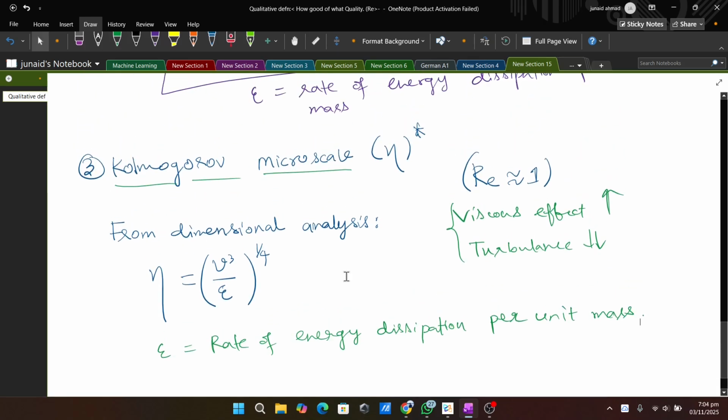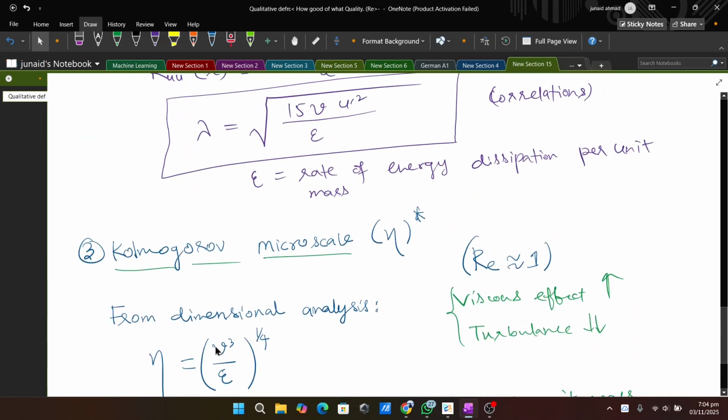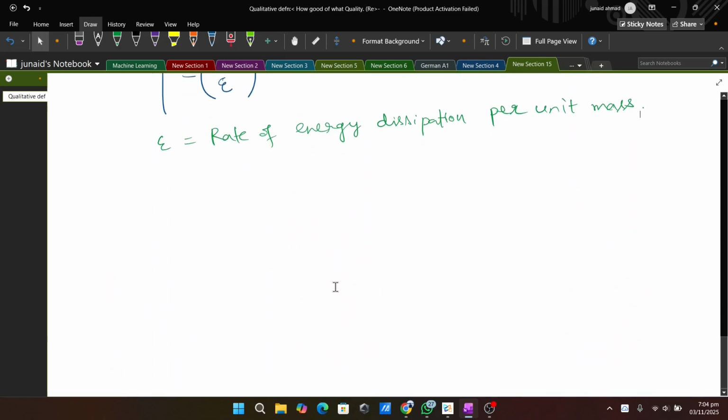And we have already seen that nu is the kinematic viscosity, represented by the dynamic viscosity over the density, right? Okay.